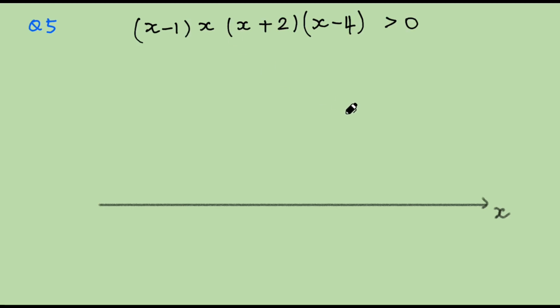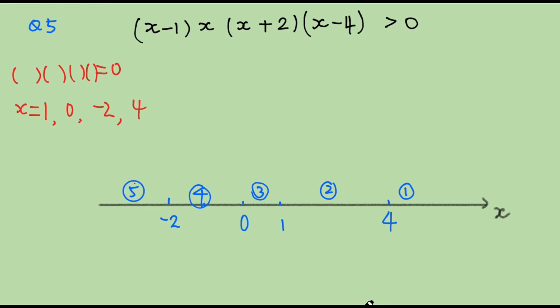So for this one, there are 4 factors on the left-hand side. And then when we connect it to the equation, we get 4 solutions. The x values are 1, 0, -2, and 4. Put all these values on the number line from the smallest, -2.